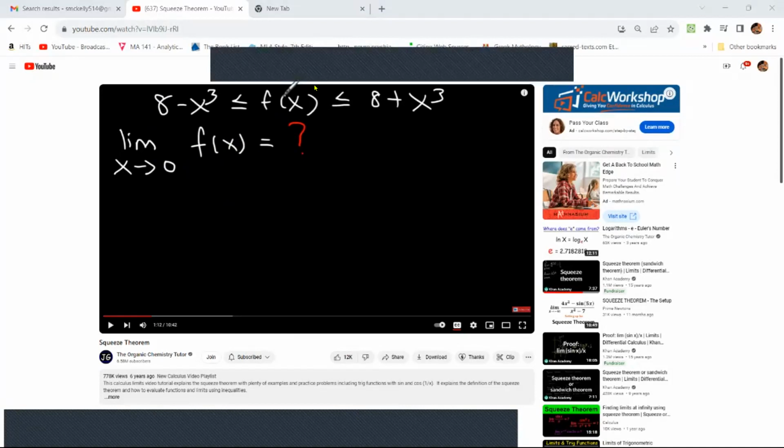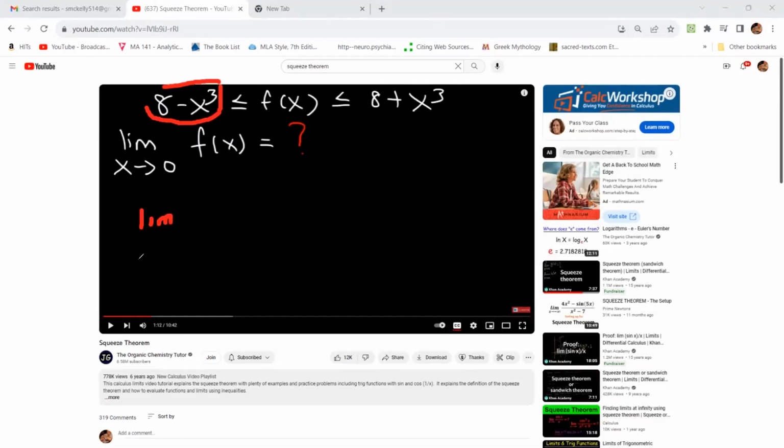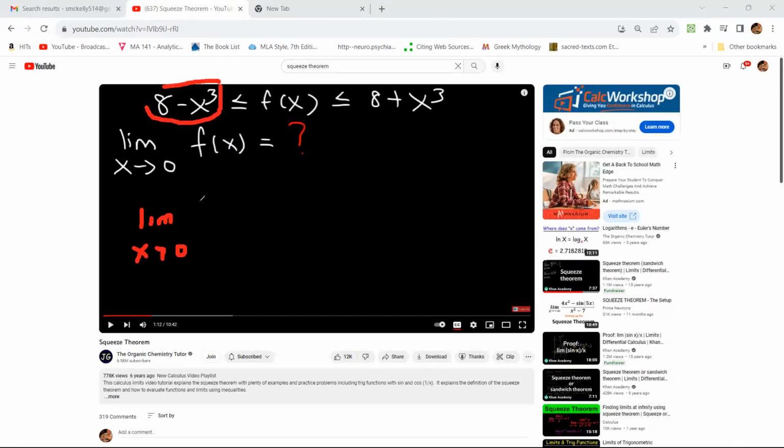What is this limit? What is the limit as x goes to 0 of 8 minus x cubed?